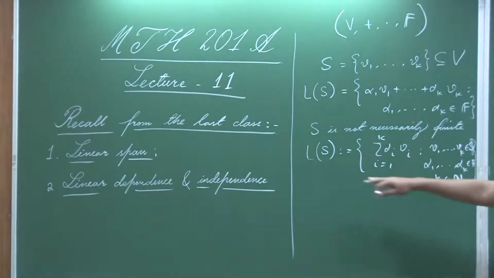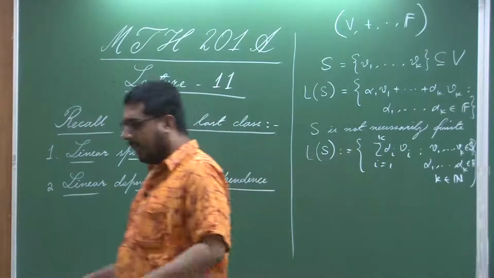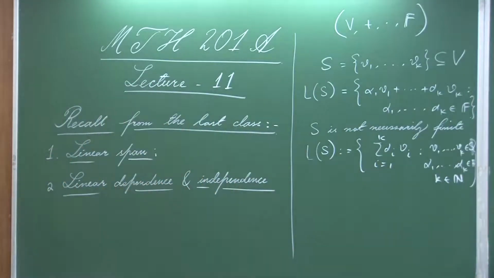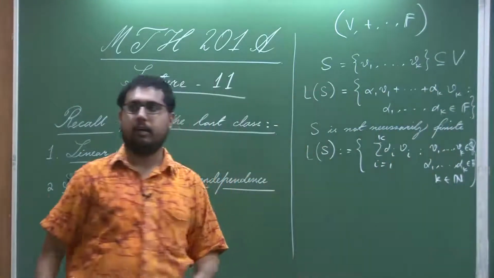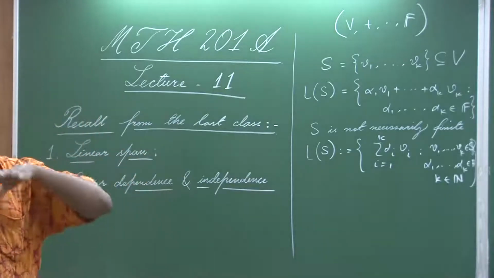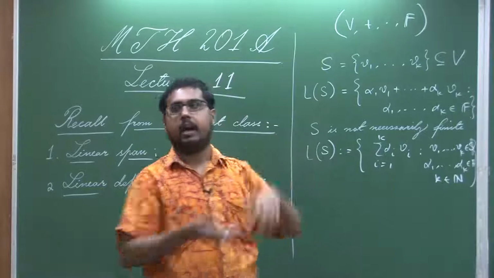So, this is the definition of linear span for any general set, but in this course mostly we will stick to the vector spaces which can be spanned by a finite subset.